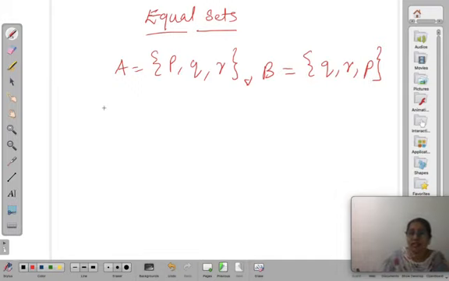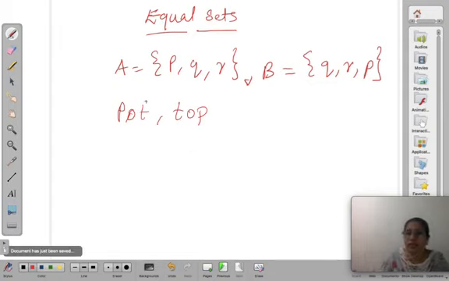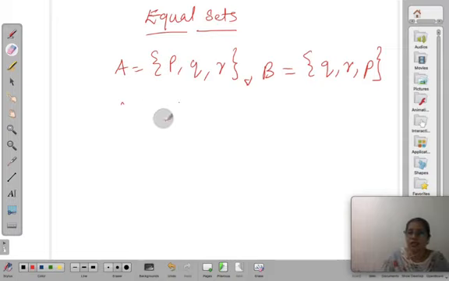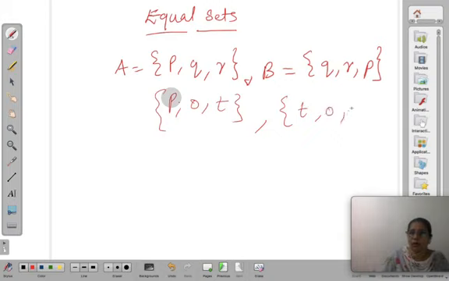Another example, the members of the sets in the words pot and top. The words pot and top are different, but the members are the same. So that is called equal sets. When the members are the same, then it is called equal sets.